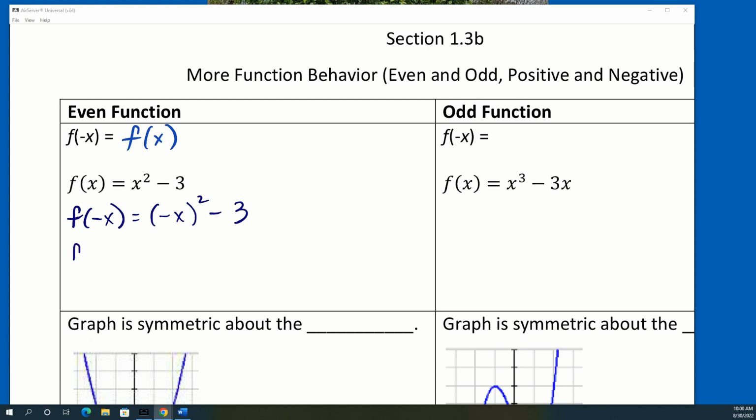And then what happens when you square a negative? So positive. So negative x squared is just x squared. And these two things are exactly the same. And when they are exactly the same, it is an even function.